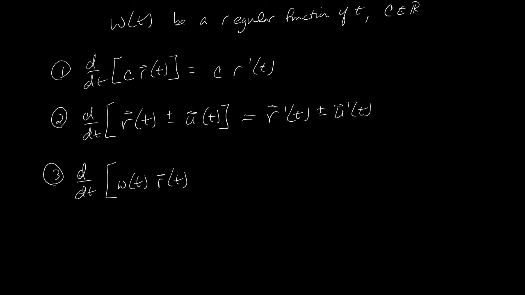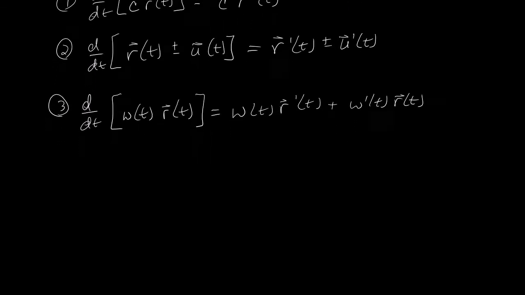So remember, w of t is just a regular function. It's not a vector valued function. That is going to be equal to, and we're applying the product rule, w of t times r prime of t plus w prime of t times r of t. Okay, so you see the product rule there.